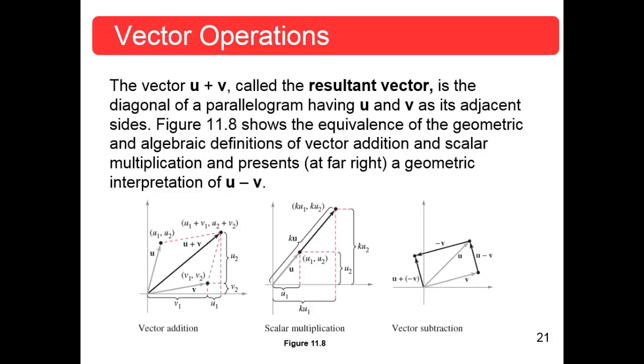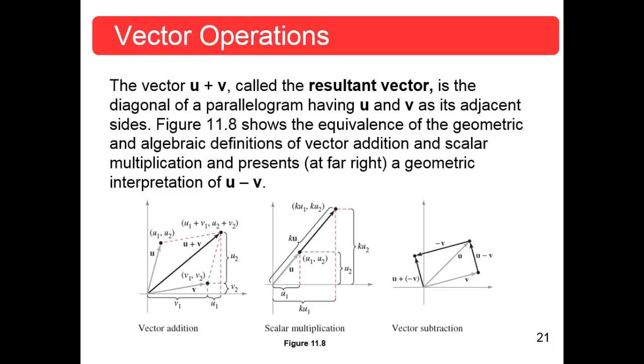Fine, it's perfectly fine. The terminal point is now v1, v2, just like the components of v are angle bracket v1, v2, and the coordinates of the point up here are u1, u2, just like the components of the vector u in angle brackets. So let's take a look at this.